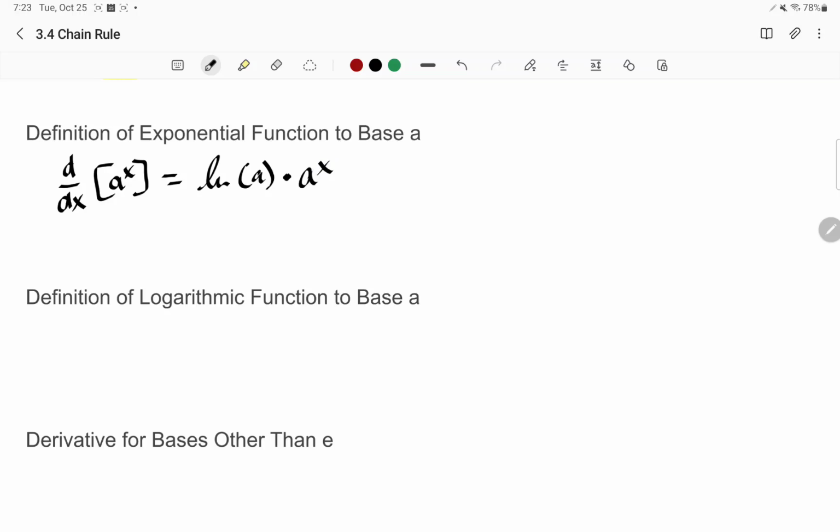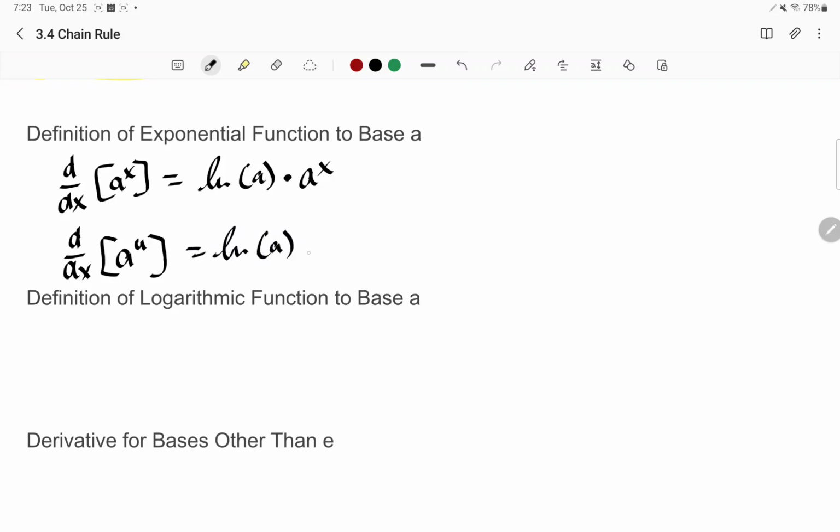Now let's take a look at this in terms of what we're doing. So what if it's a composite function? So a to the u, where u is a function. Now that's very, very similar. It's still going to be the natural log of your base times the function itself, but then it's going to be times the derivative of that function.